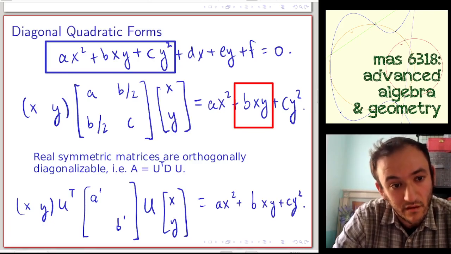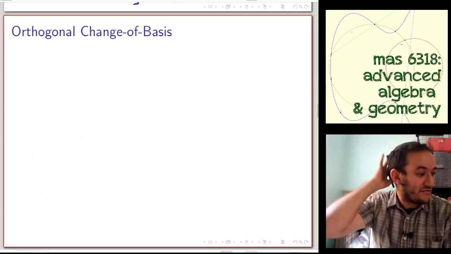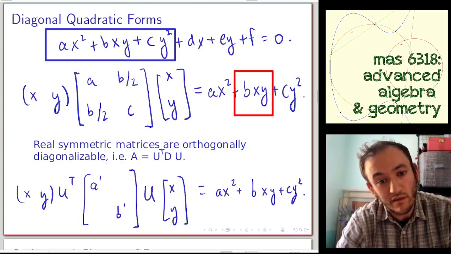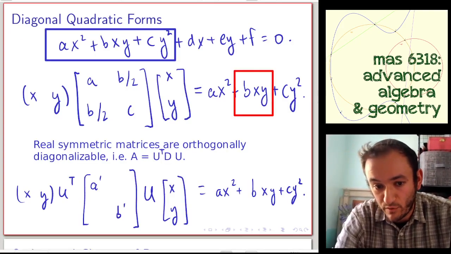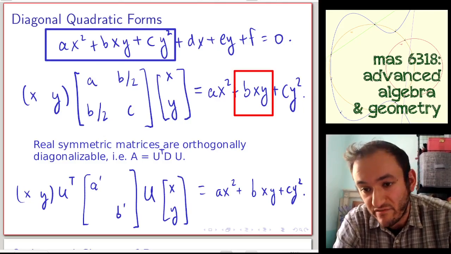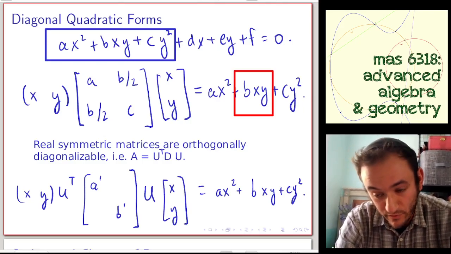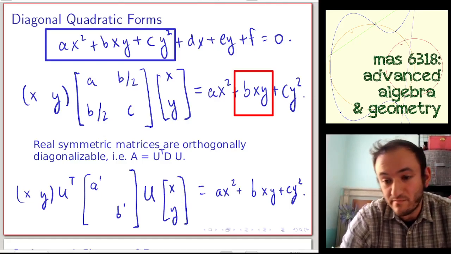But instead of sticking with this original quadratic form where we have bxy, which we want to get rid of, what we can do is just make a change of coordinates.